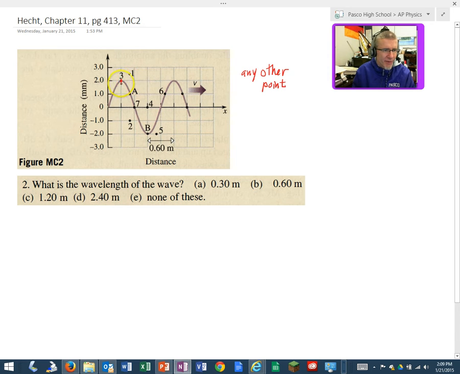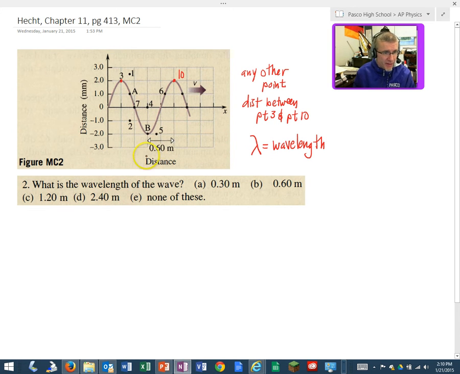So point 3 is at the top of a crest. I could say also point 10 here, just for the sake of argument. The distance between point 3 and point 10 is called a wavelength. And in particular, it's called lambda.